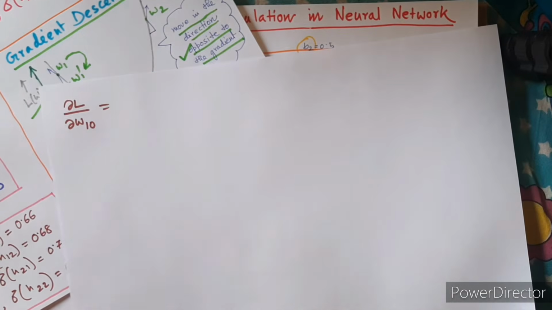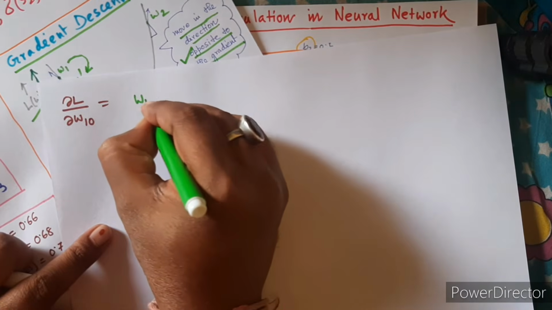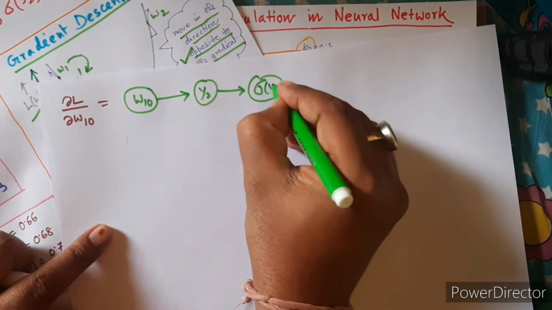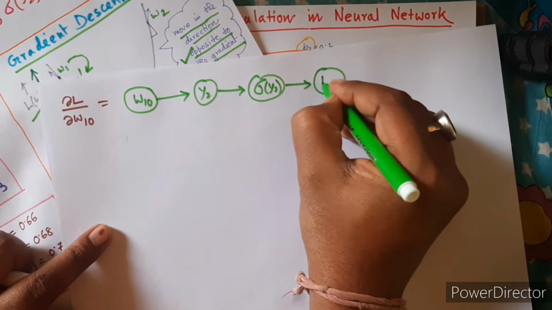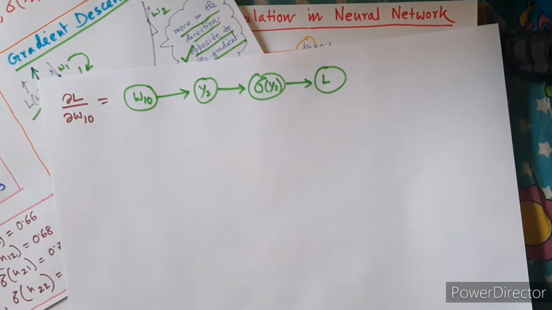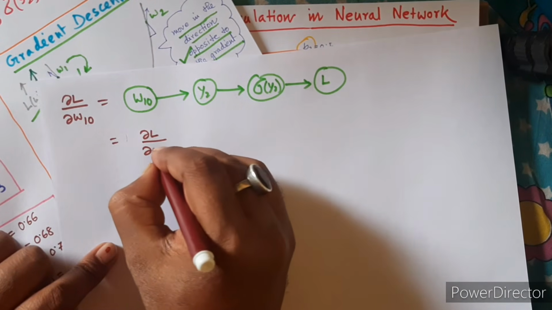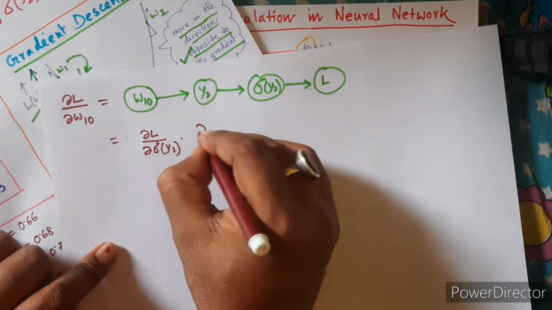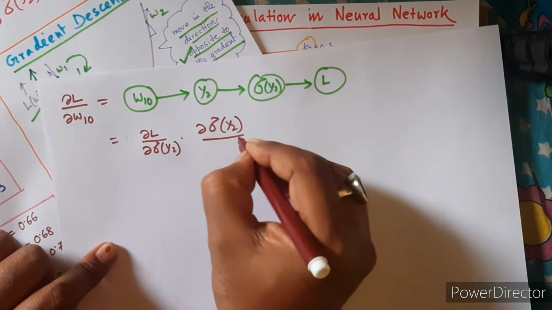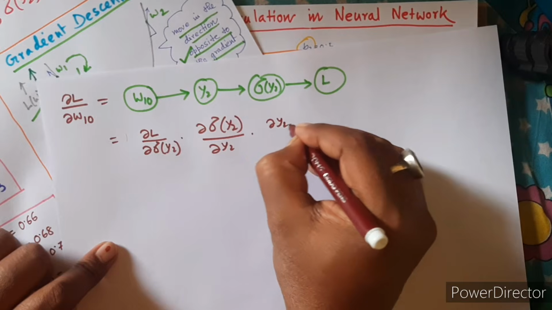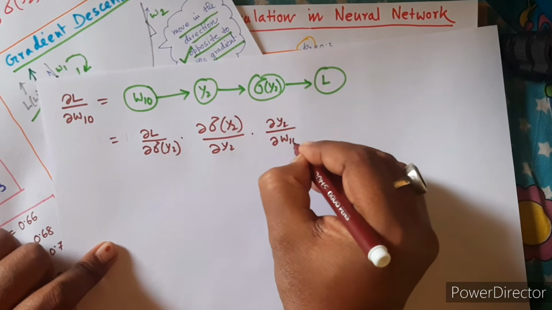W10 is contributing to Y2, and Y2 is contributing to sigma of Y2, and it is contributing to L. So applying the chain rule, we'll have delta L by delta sigma of Y2, delta sigma of Y2 by delta Y2, delta Y2 by delta W10.